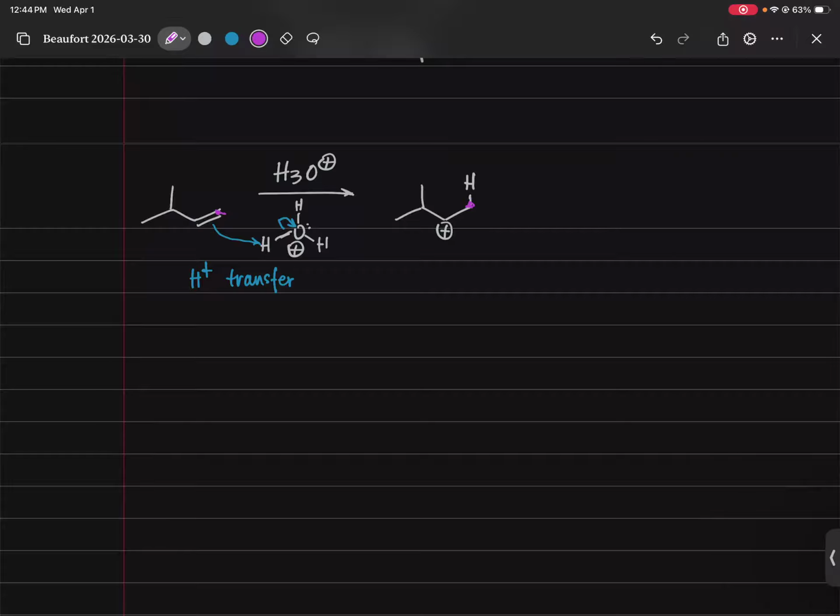What can always happen? Rearrangement. And look at us, we've got a secondary carbocation right next to a tertiary carbon with a hydrogen on it. And so we can rearrange, do a hydride shift.